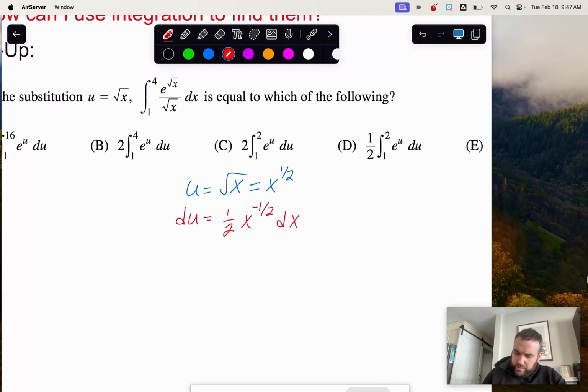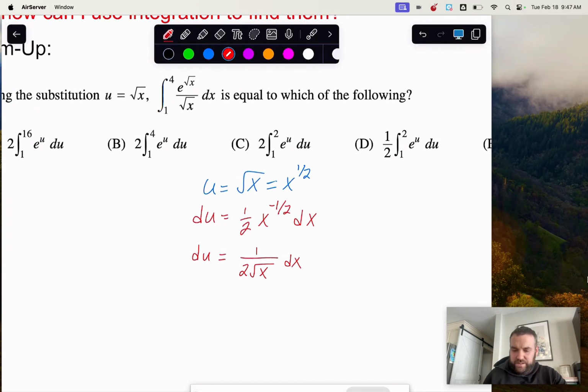And if you think about what du is equal to, another way to write this would be 1 over 2 square root of x dx. And I definitely don't see that du directly in my integral, but if I take the original problem and write it as e to the root x times 1 over root x dx, now I can see a similarity between what I have set as du and what I have in the integral.